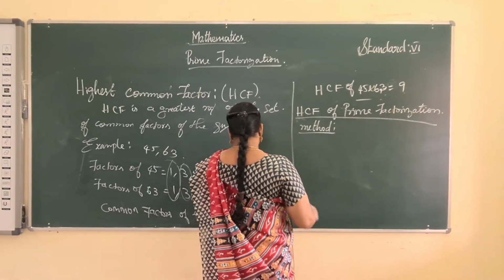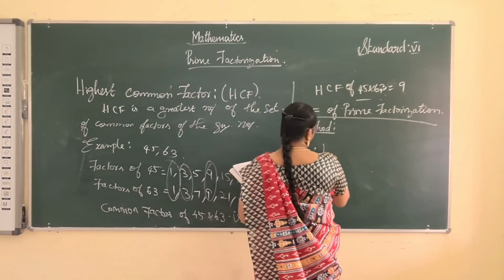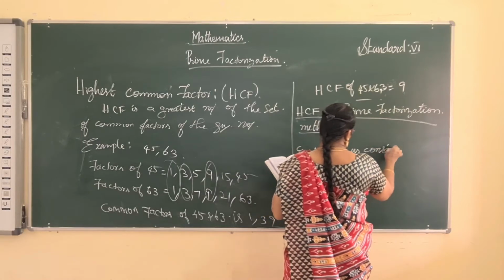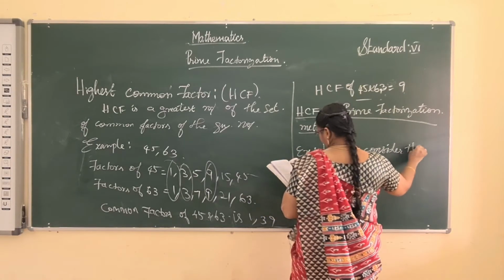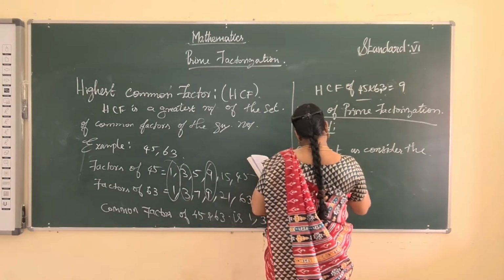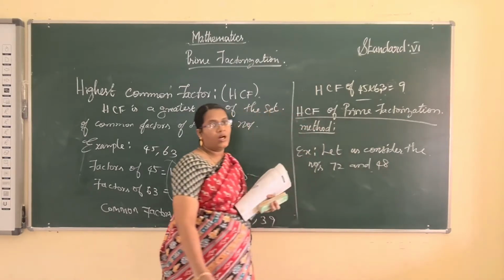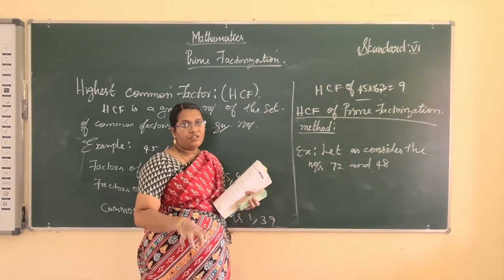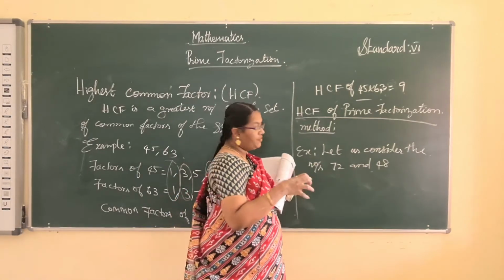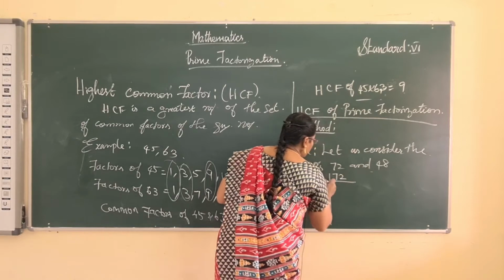So, example, let us consider the numbers 72 and 48. For the prime factorization method, how do you find it out? Using the short division method. For the short division, take 72.